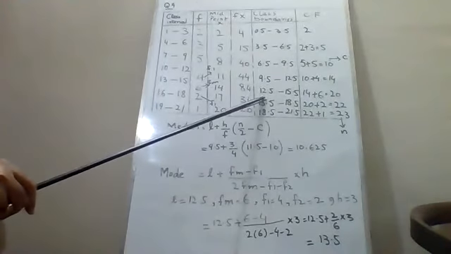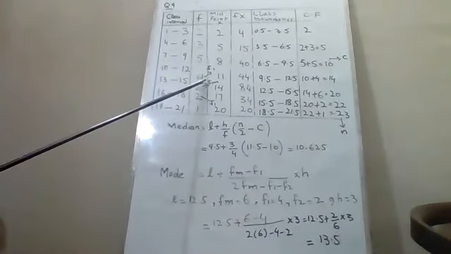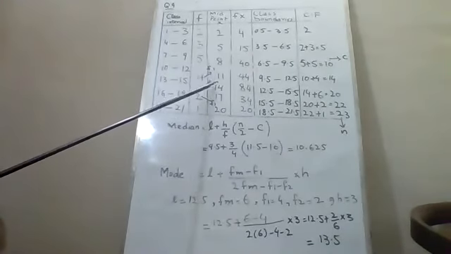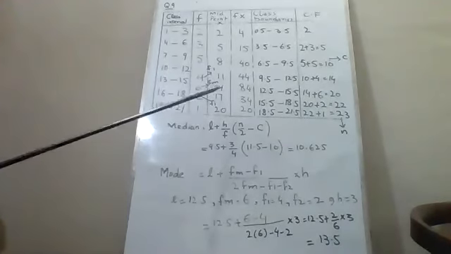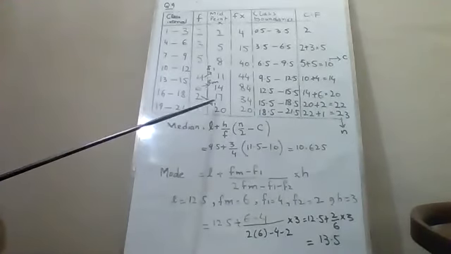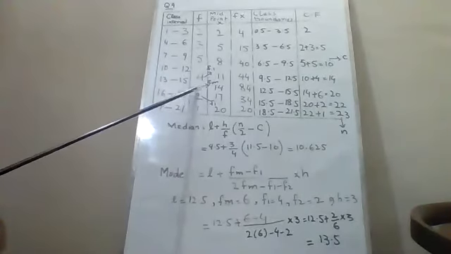So here L is 12.5. fm is the maximum frequency, which is 6. f1 is the frequency present above fm, which is 4. And f2 is the frequency present below 6. So f2 is 2.